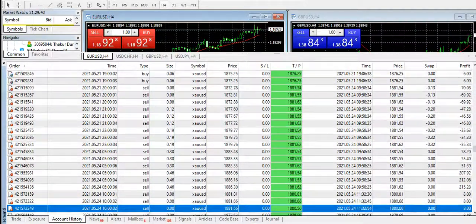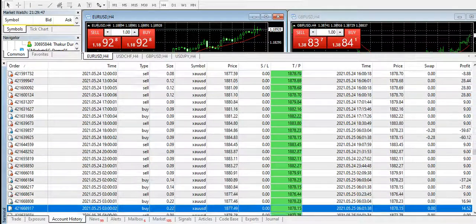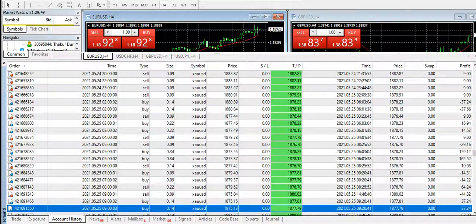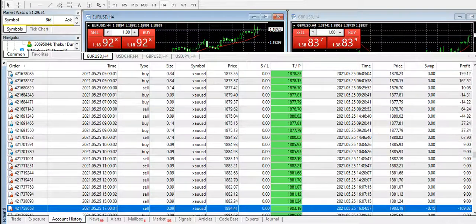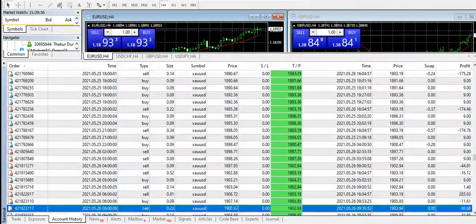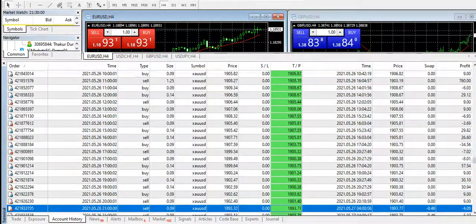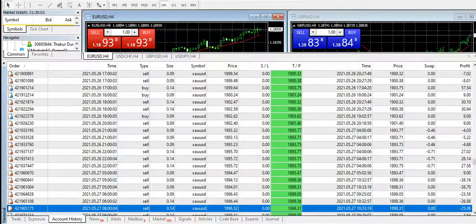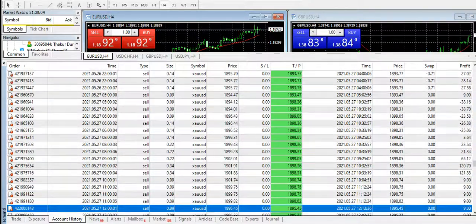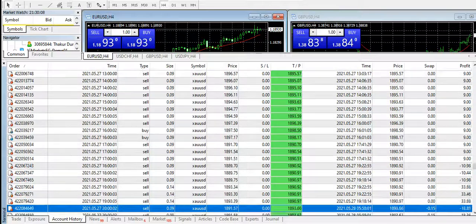Now the basic lot size is 0.08. Now the lot size has become 0.09, from 0.08 to 0.09, then I have increased it to 0.12 later. It's still 0.09.